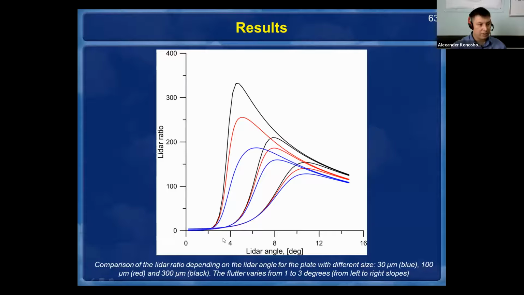So you can use this position of the lidar ratio to understand the flutter, even if you don't know the particle size distribution of the clouds. It is very important because usually you don't know the exact particle size distribution of the clouds, and still you can use this lidar ratio of scanning lidar to understand the flutter.